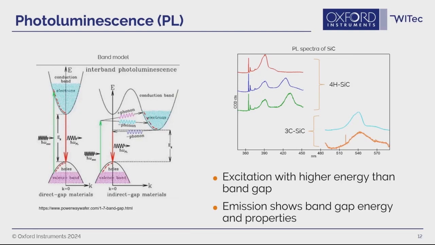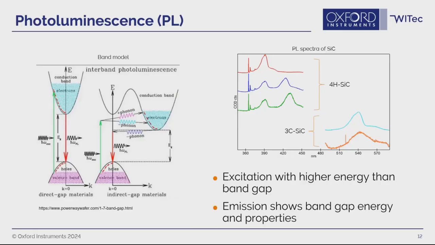Another representative of indirect bandgap materials is silicon carbide, which is used mainly for power devices. On the right side, we can see typical PL spectra of silicon carbide. So with the PL spectrum, one can discriminate the different polymorphs of silicon carbide, for example.